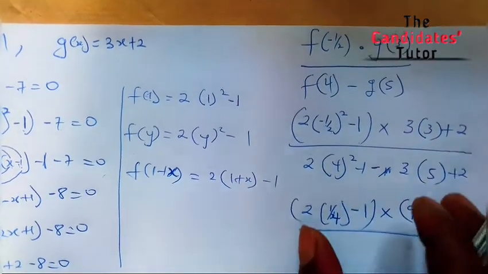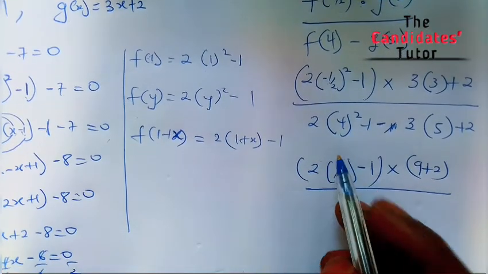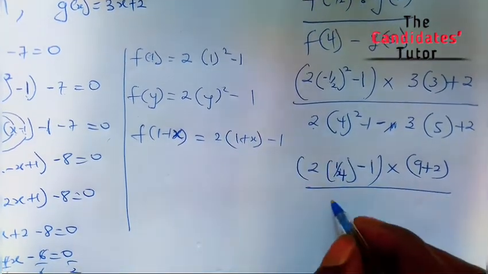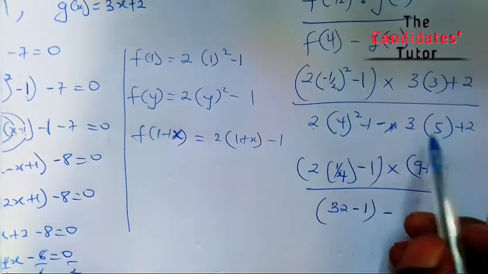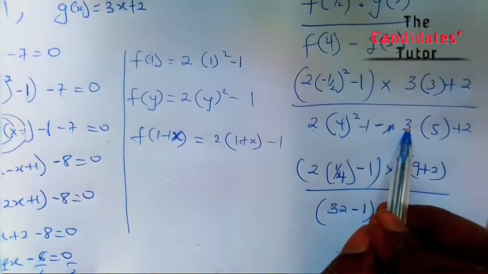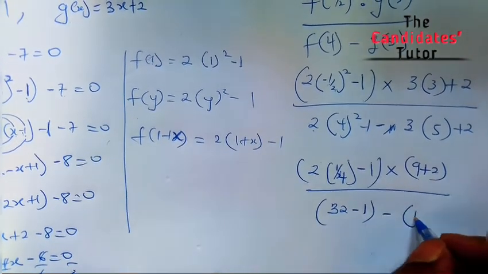Now, next, solving for this side. 4 squared is 16. 16 multiplied by the 2, we get 32. So 32 minus 1. Then minus 5 multiplied by 3, we get 15. 15 plus 2 is what? You get 17. Alright.